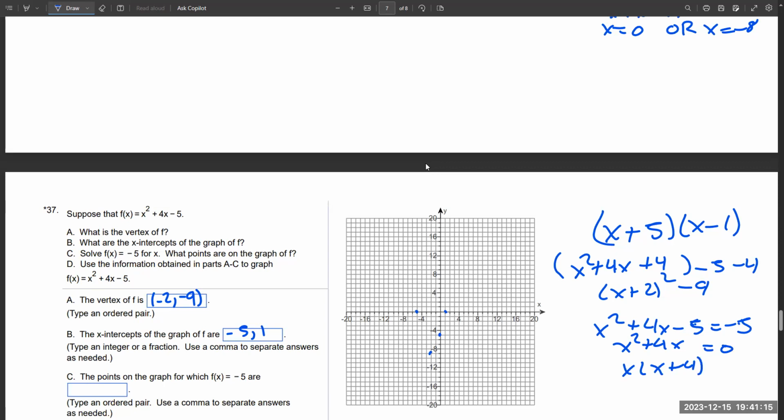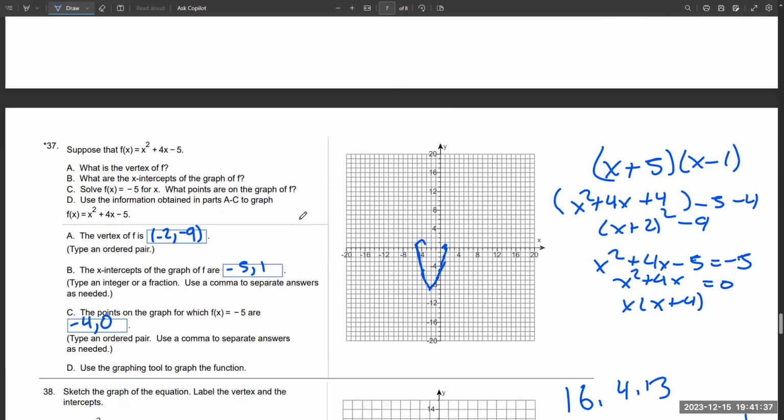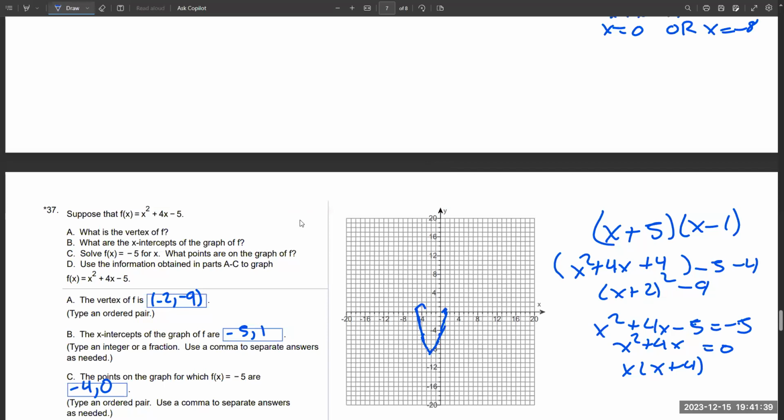And they want you to get the other point that is symmetric to it, which is going to be at -4. So there's my 5 points that I can sketch my graph. These are at -4 and 0. And then use the graphing tool.